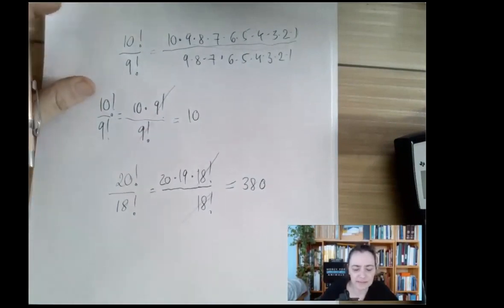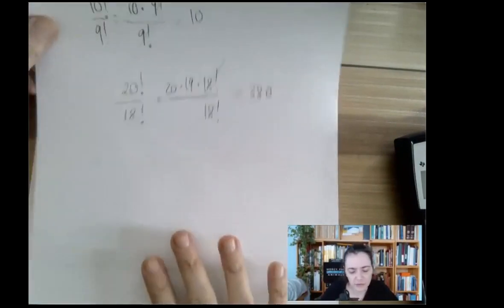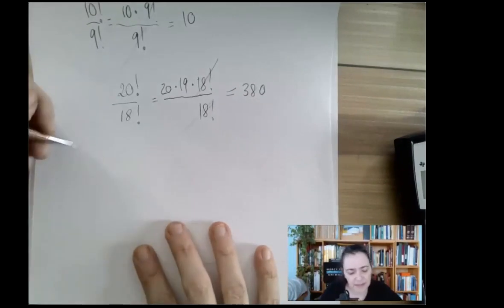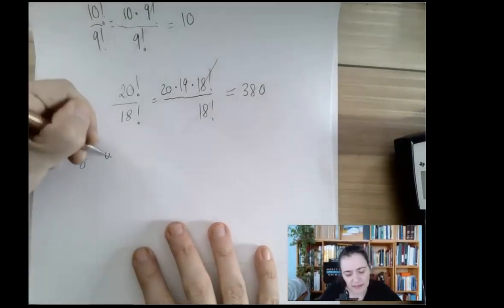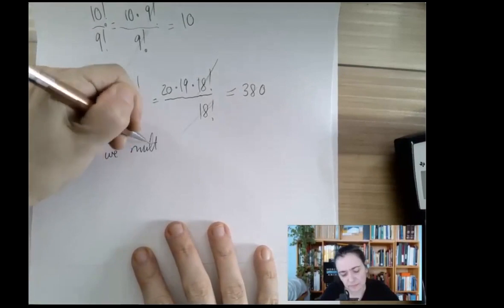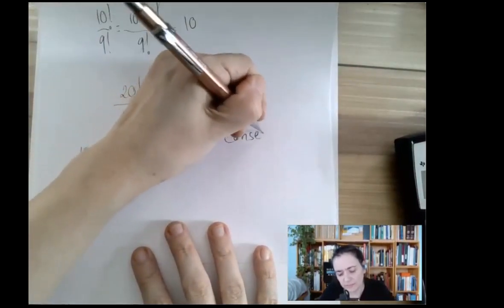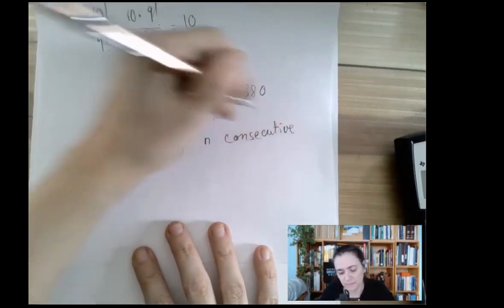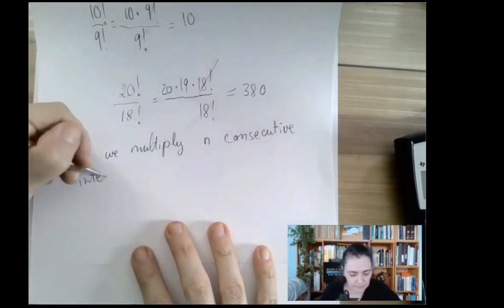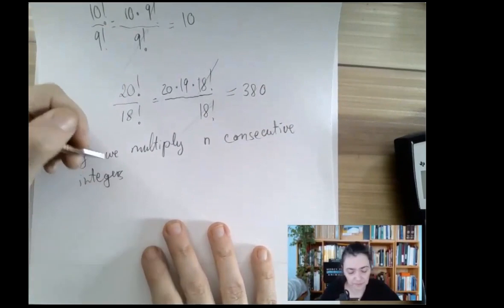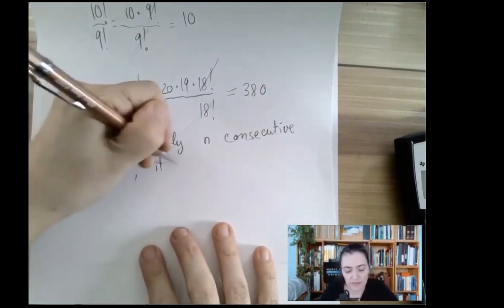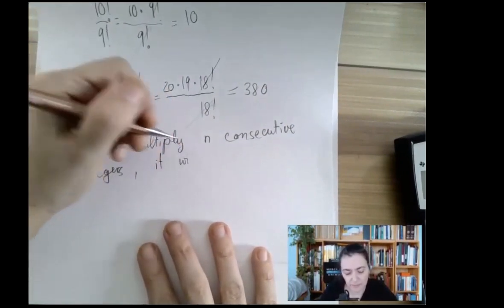And this is interesting stuff. Did you know that if we multiply n consecutive integers, any of them, it will always be divisible by n factorial?